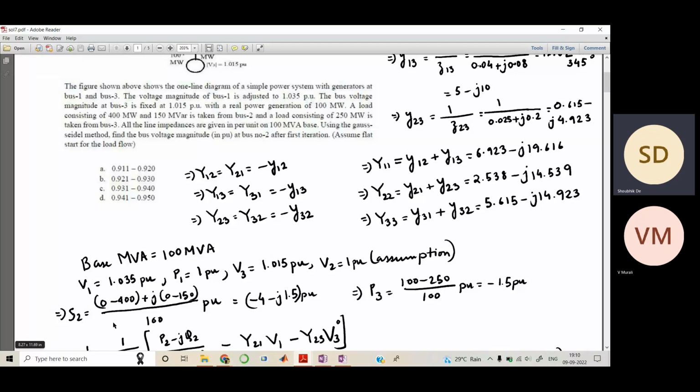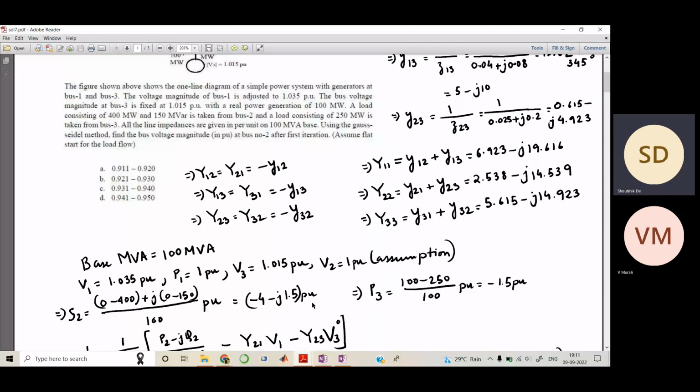Since the load bus is consuming, that is taken to be negative. That is why I have subtracted it from 0 and introduced a minus here, due to consumption, and this is divided by the base MVA, which is 100. When you do this, it comes out to be minus 4 minus j1.5.